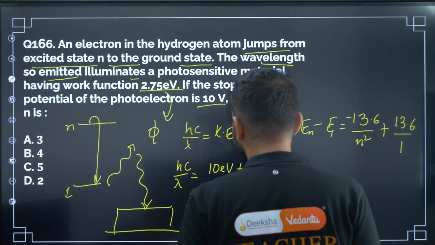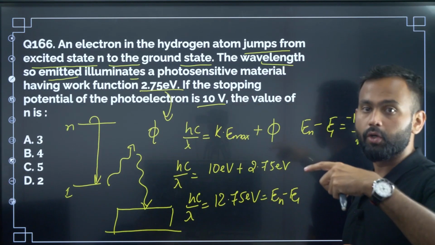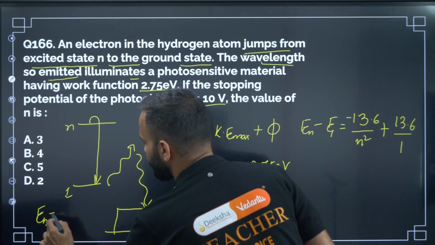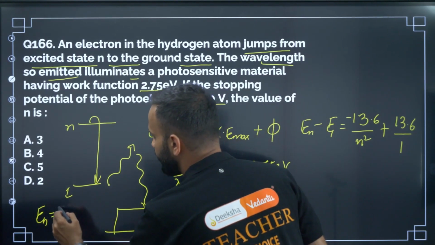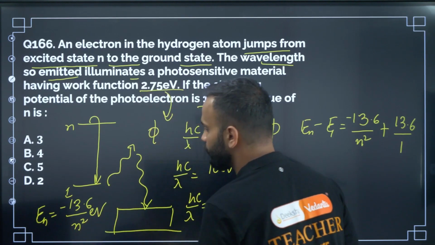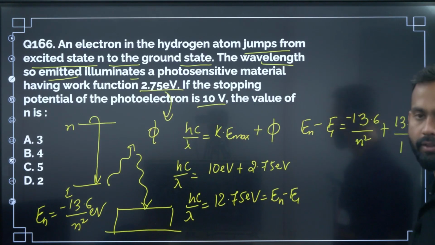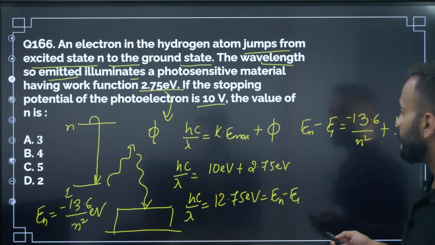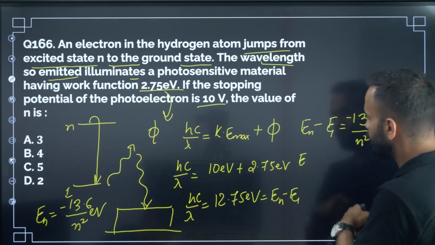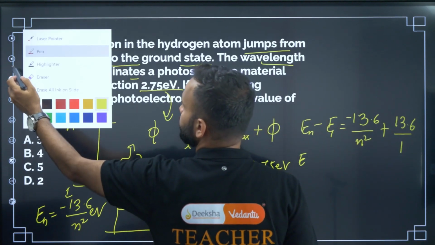We know that the energy of the electron in the nth orbit, En, is equal to minus 13.6 divided by n square electron volt. We are taking the energy difference, that's it. So En minus E1 is equal to 12.75 electron volt.